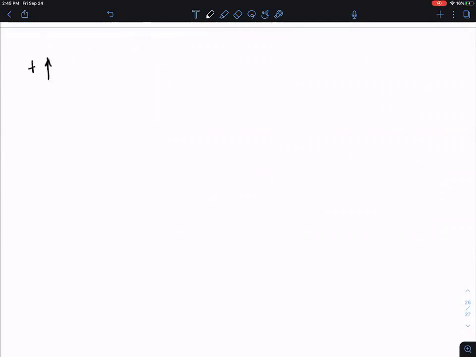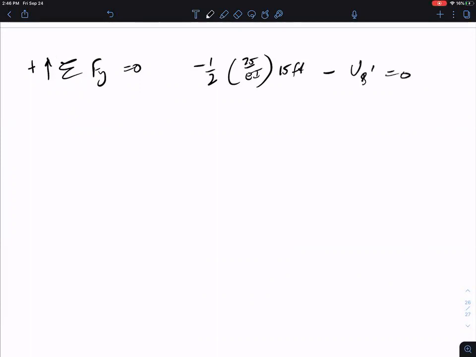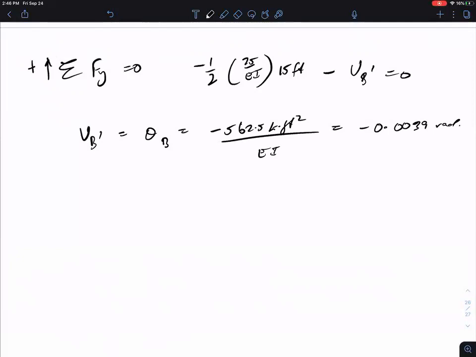So if we do sum of forces in the Y, we get that VB prime, which is the same as theta B, is equal to minus 562.5 kip feet squared over EI, which comes out to be minus 0.0039 radians.